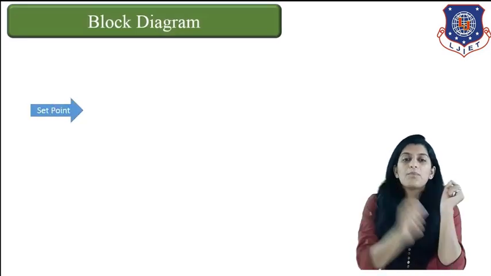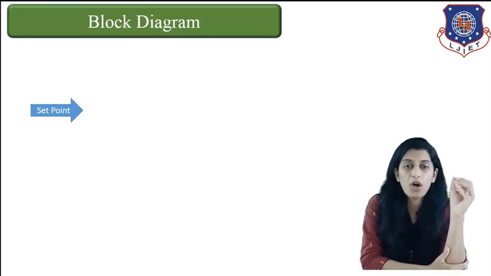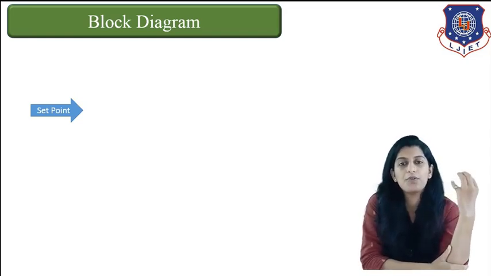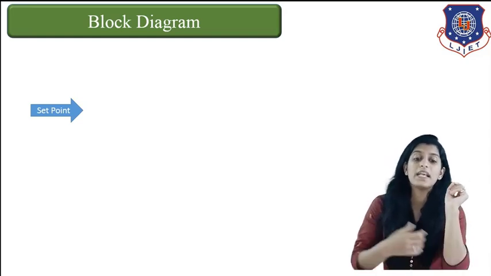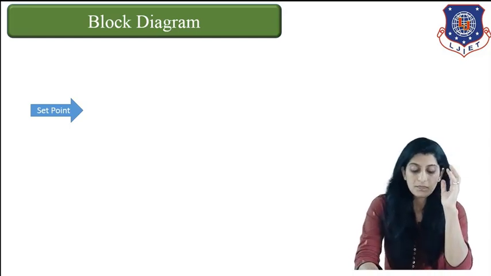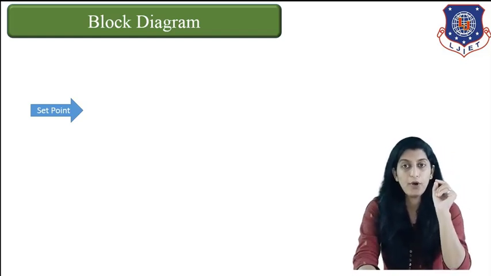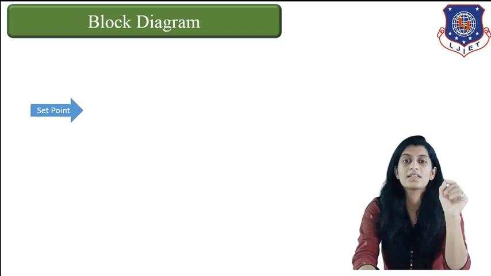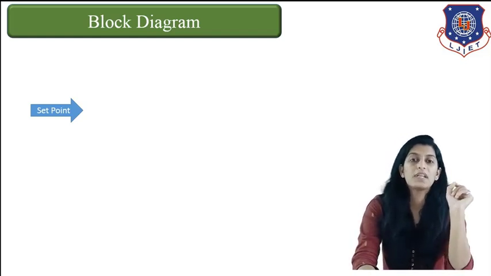Basically, the block diagram is the most important and crucial part of the entire control system, right? So understanding the block diagram is very important for all of us. How does it actually work? There is a set point. Always remember that the set point is the input given by you.